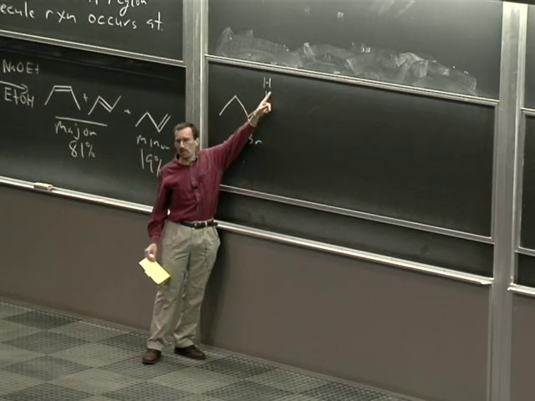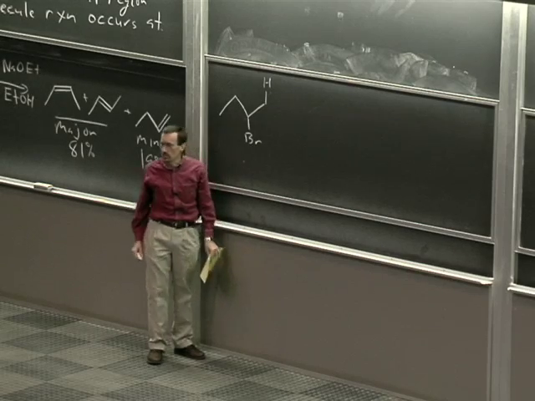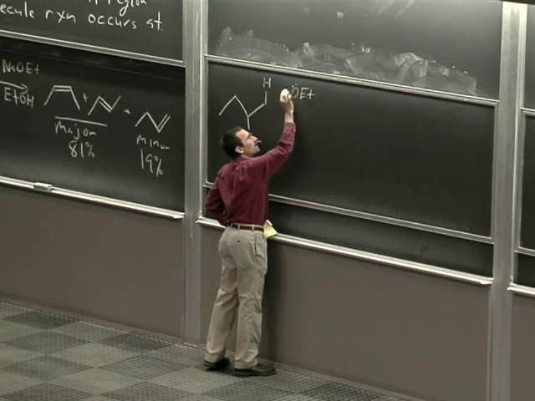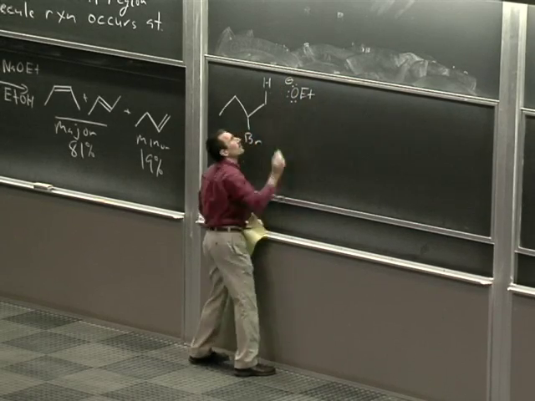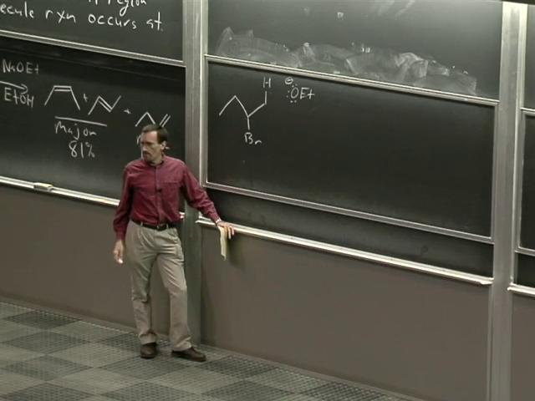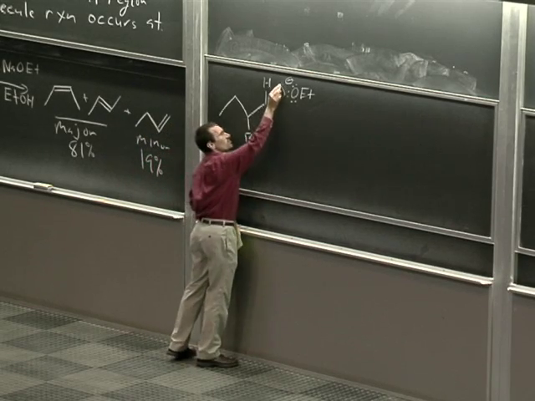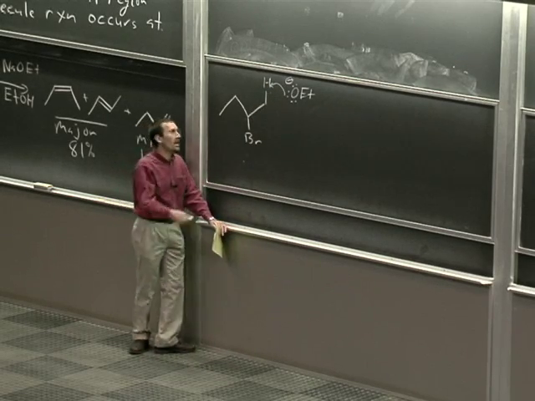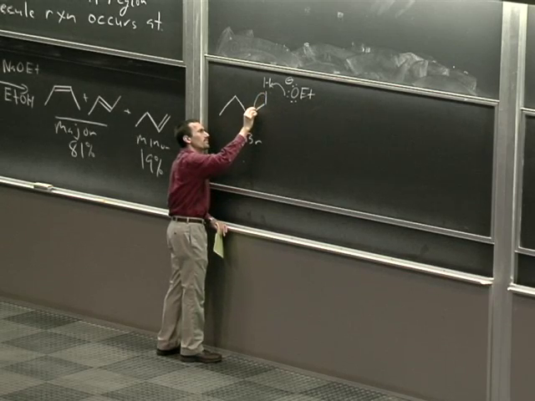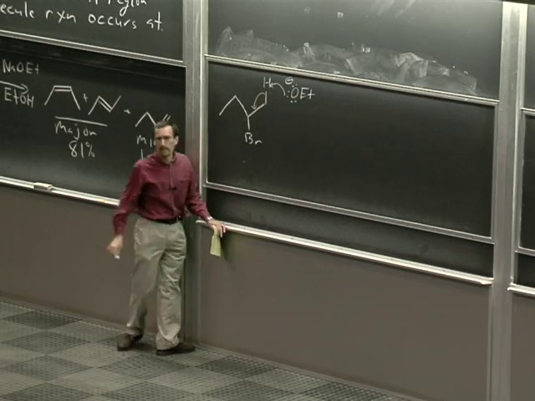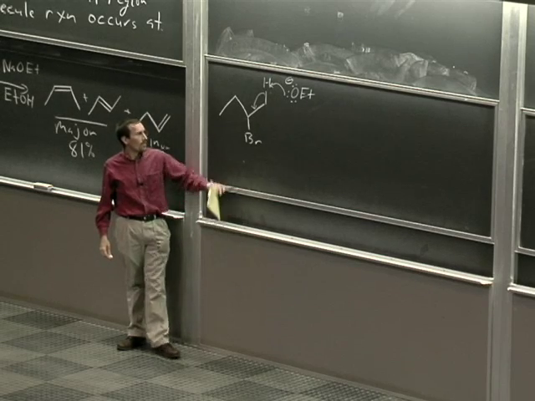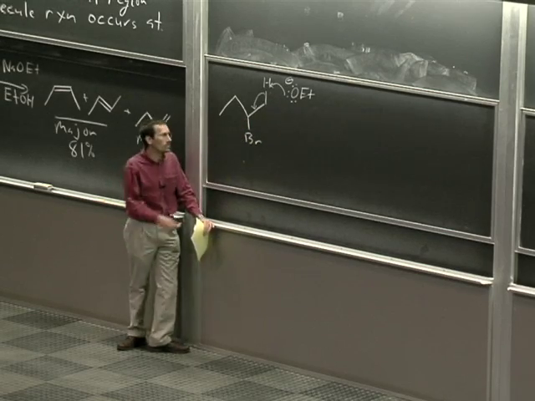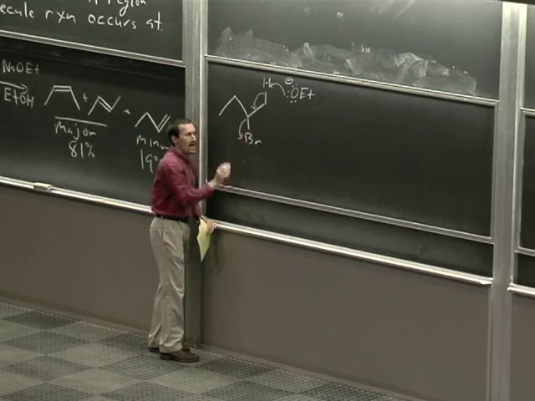For starters, let's look at what happens if the base approaches the hydrogen at the 1 position. So here's our ethoxide. Electrons flow from ethoxide to the hydrogen. We can't have 4 electrons around the hydrogen, so we push electrons in between carbon number 1 and carbon number 2, but we can't have 10 electrons around carbon number 2, so we push out bromide.